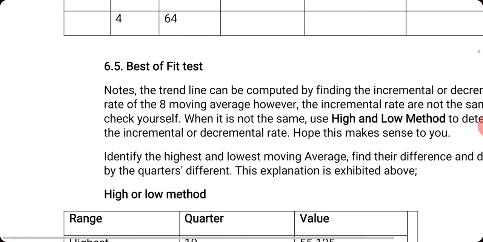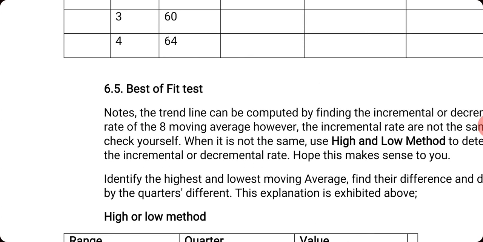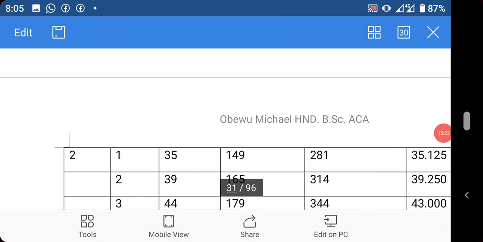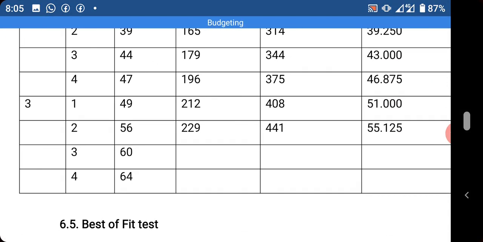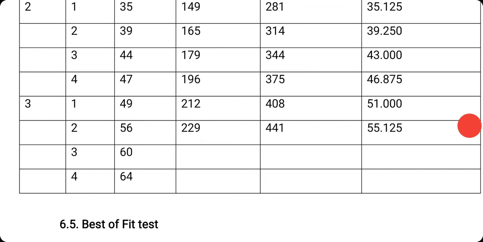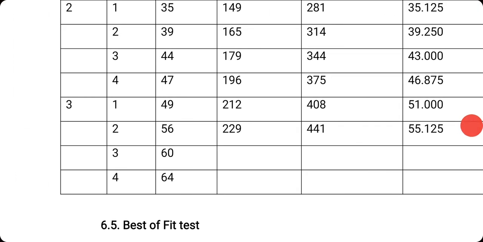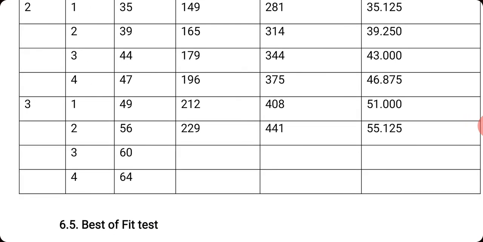How do we know it's quarter 10? So the highest number is 55.125. It is quarter 10. How is it quarter 10? Because there are 3 years and 4 quarters in each year, which is 12. And this is at the 10th quarter.